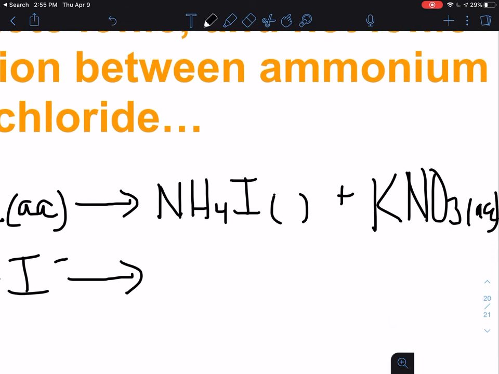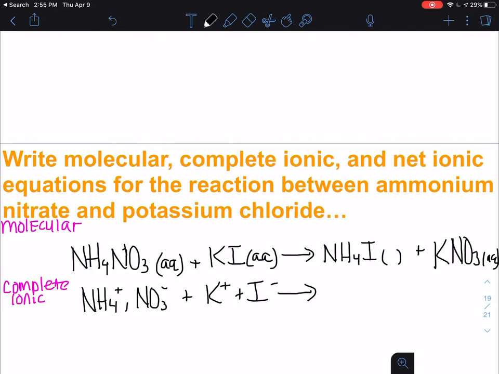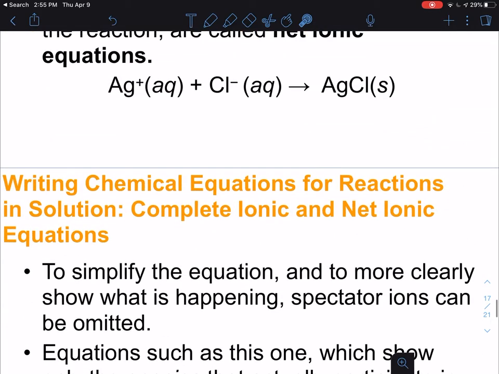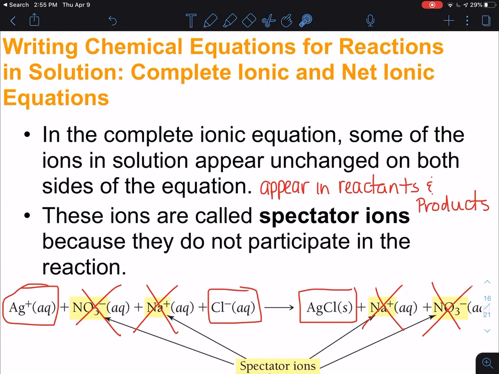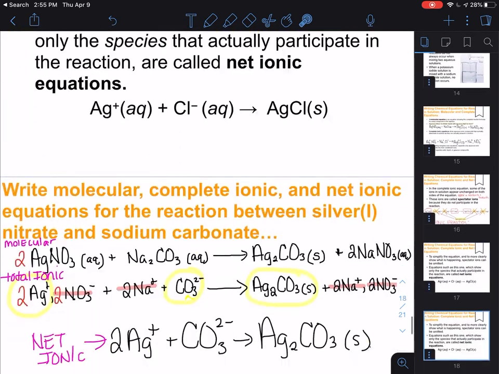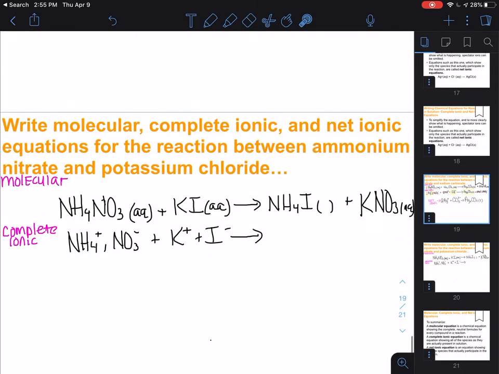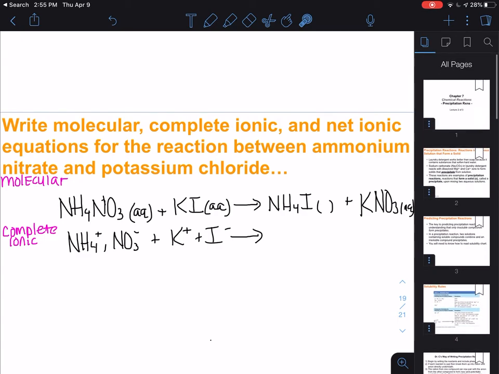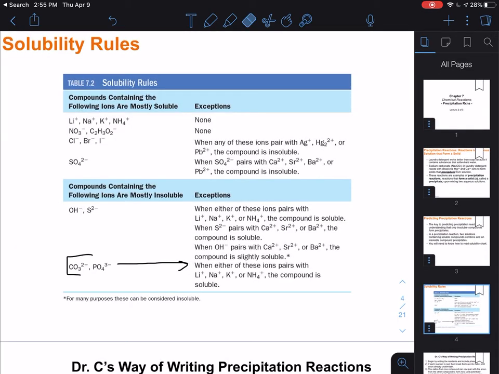AQ. Sorry, that's ugly. All right, so for ammonium iodide, we need to figure out the big question: nitrates are all soluble, but is this soluble? Everybody close your eyes, this might make you dizzy. We're looking at ammonium iodide, and we're going to go back up to our solubility table. Ammonium is right up here.